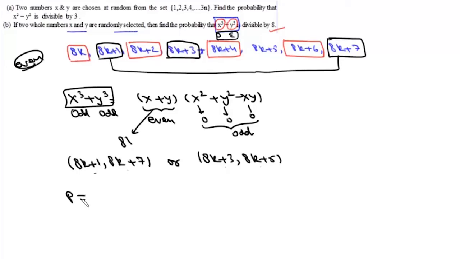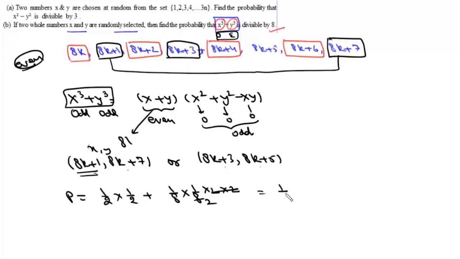This probability will be equal to, first case when both of them are even. If the first one is even, then it can be 4 cases out of any 8 cases, so it will be simply 1 by 2. The other one will also be 1 by 2. Plus, the case when one of them is 8k plus 1, this probability is 1 by 8 into the other one being 8k plus 7, which is 1 by 8, into 2 because x and y can be interchanged, and then the second case, which again is into 2, so it will be 4 by 64.